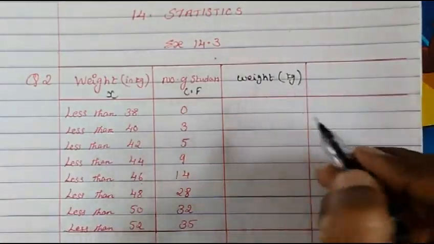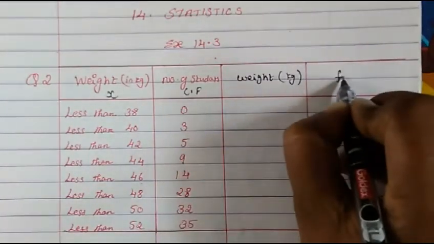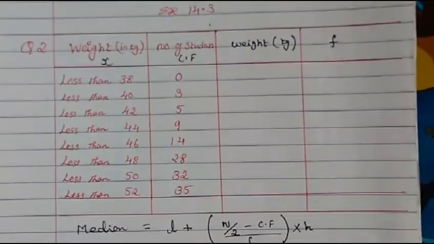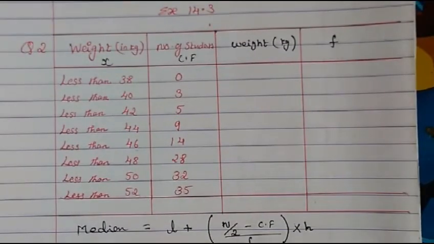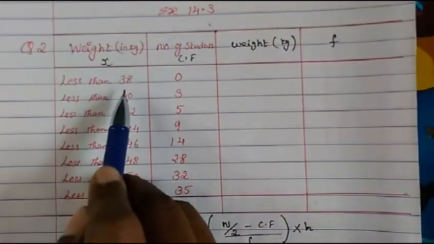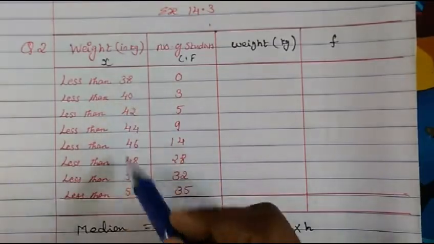We also have the CF given to us, but we need the frequency, so that also we have to prepare. Now how will we prepare the class interval? Here it is given less than 38, and you see the difference is 2. So let's take that only.